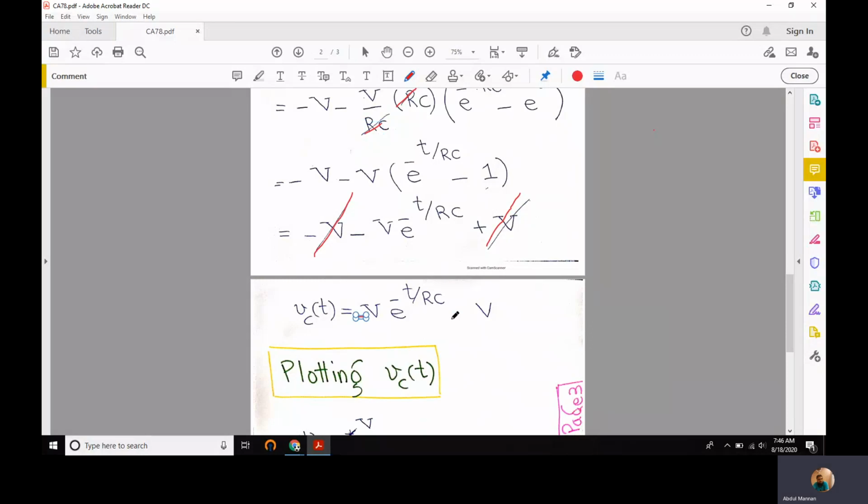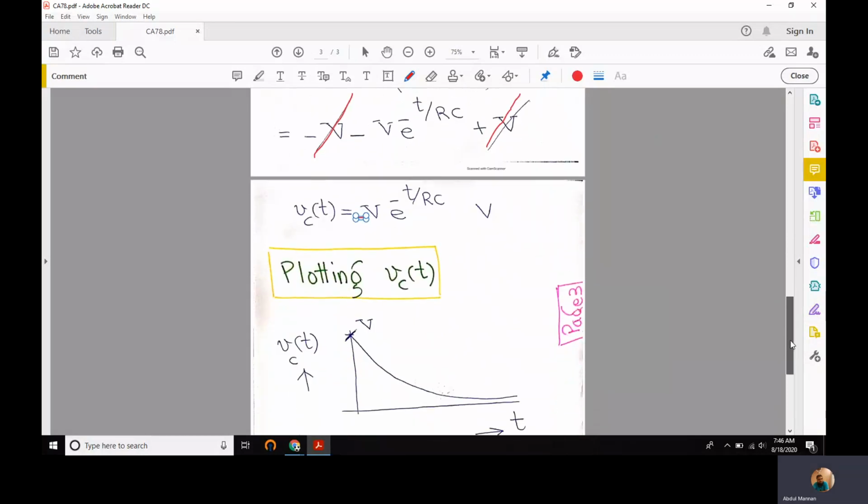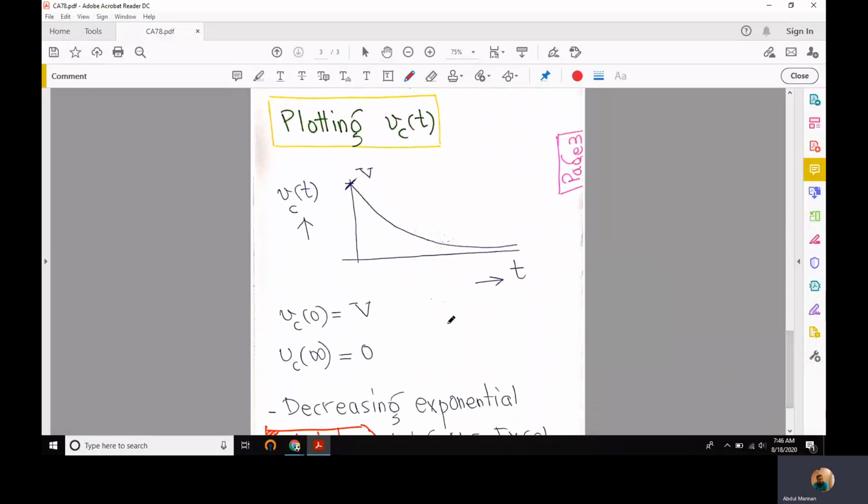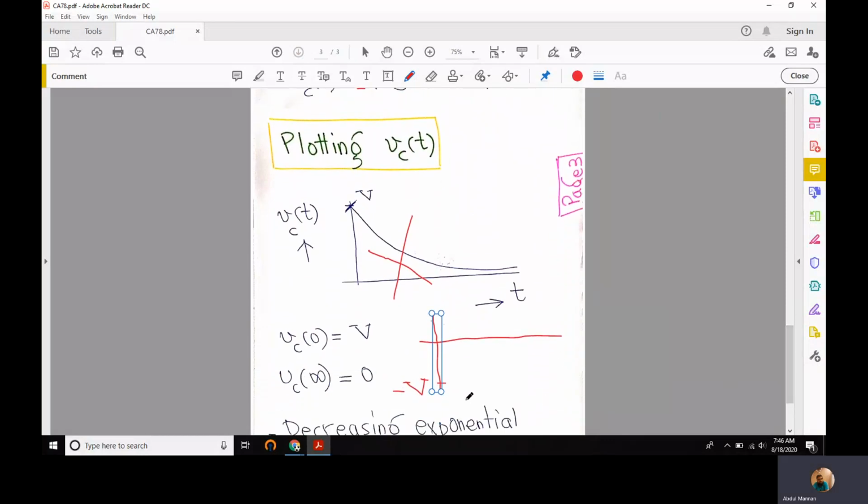There's a minus sign missing here. So initially it is charged at minus V volts. This is minus V. And as time goes on, this reaches 0.